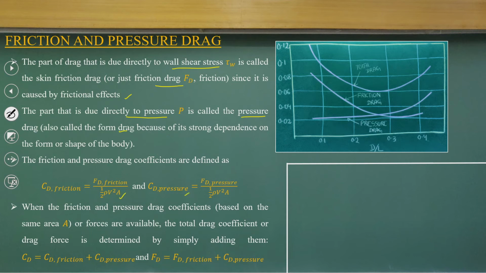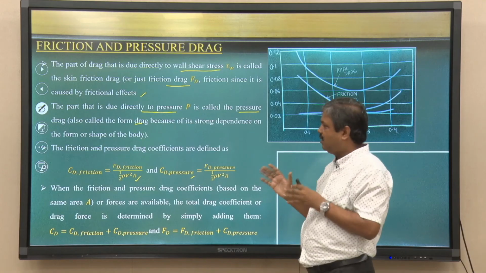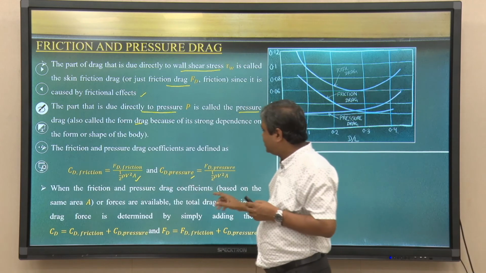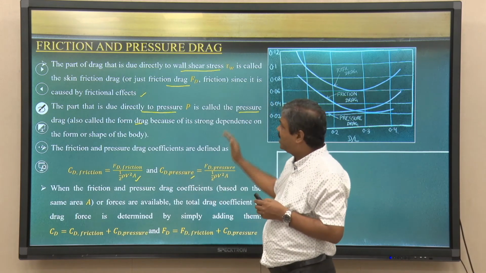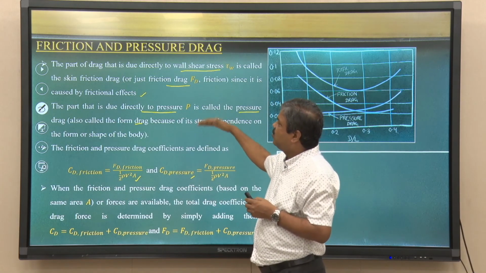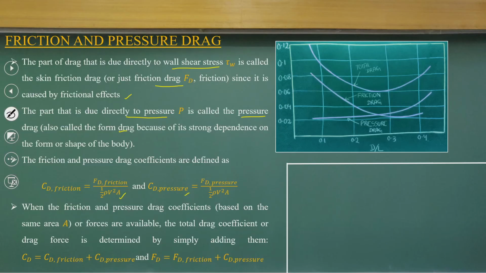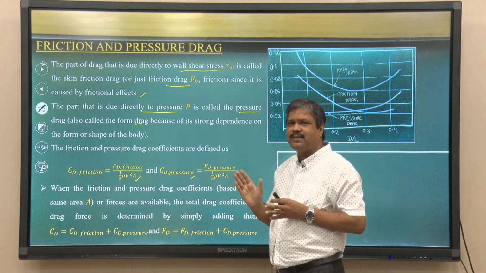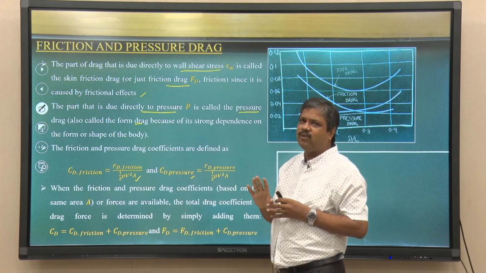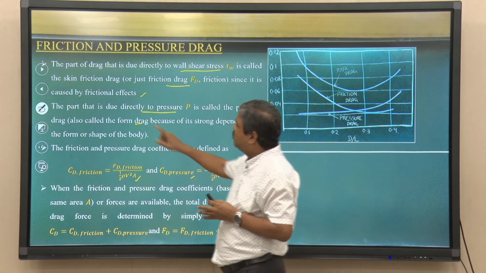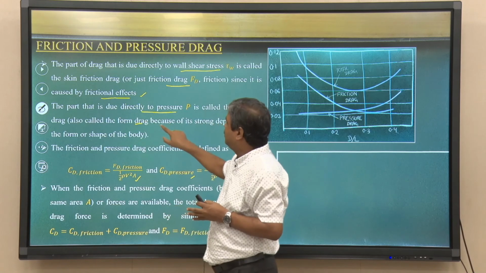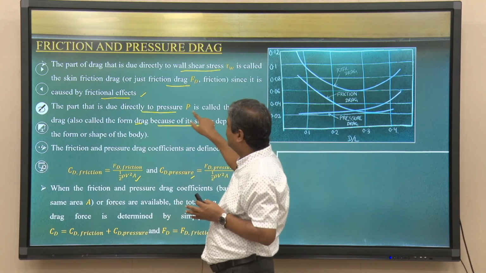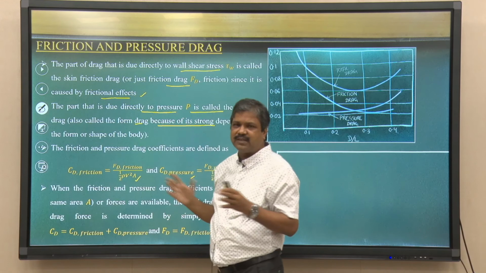So we again define it the same way: C_D friction and C_D pressure. The lift and drag force components are considered in the flow direction and perpendicular to it. But in this case, we divide the drag depending upon why it is happening, because of pressure and because of friction separately.